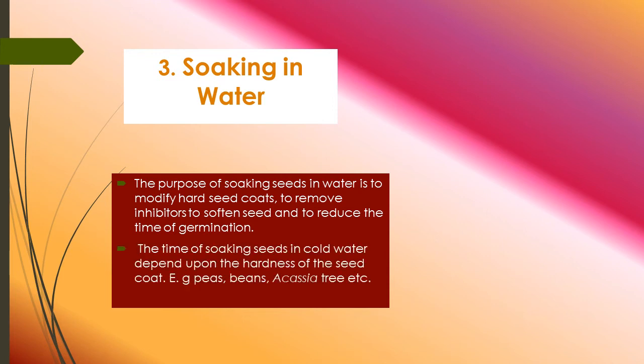The time of soaking seeds in cold water depends upon the hardness of the seed coat, for example peas, bean, and acacia tree. Also, you can treat coriander plants and some other plants, which when soaked in water by imbibition, their seed coat becomes softened and time of germination is reduced.